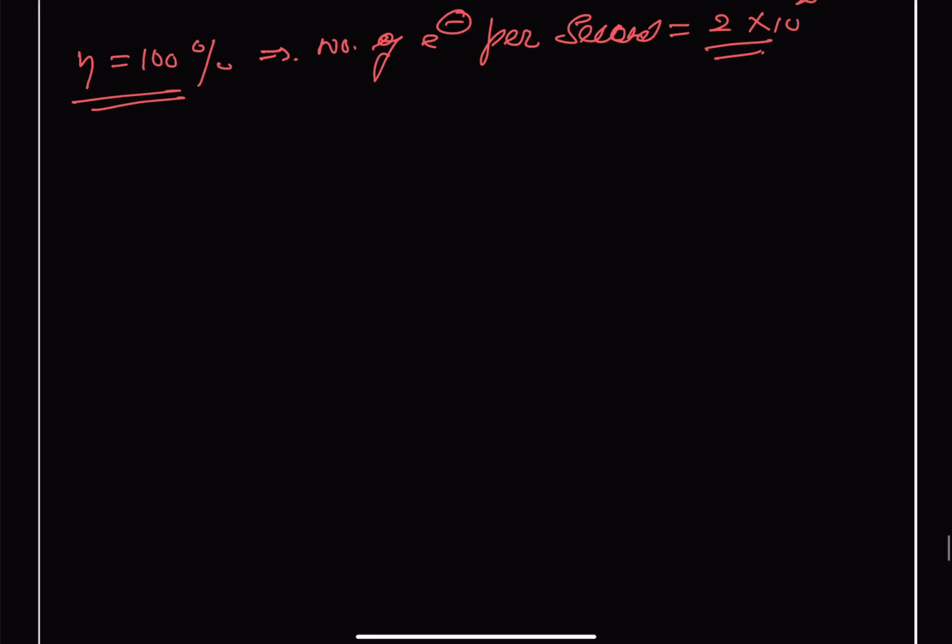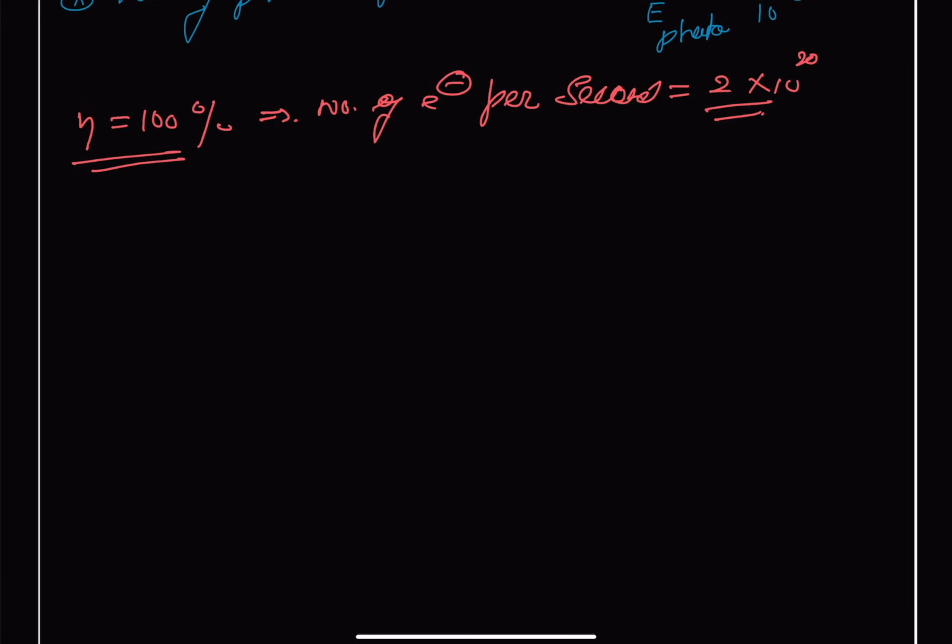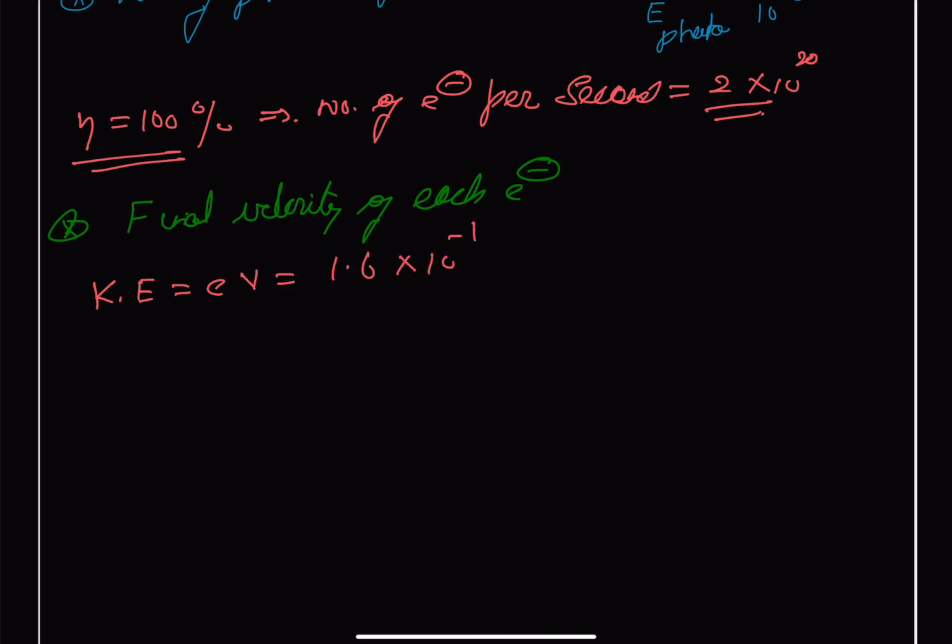Now we can use the kinetic energy and find the final velocity of each electron. The potential difference is given as V. Therefore, kinetic energy is equal to eV, which is 1.6 into 10 to the power minus 19 times the potential of 500, and this comes as 8 into 10 to the power minus 17 joules.